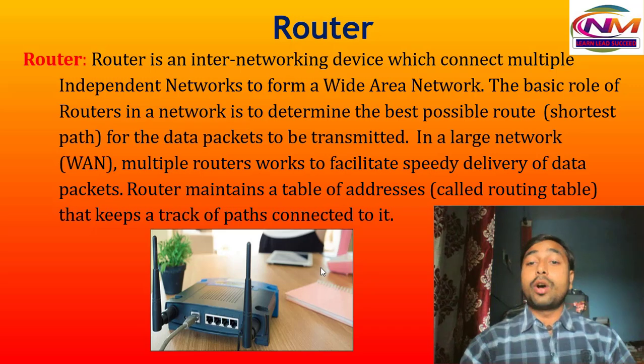A router maintains a table of addresses. When we have a number of computers, it is difficult to recognize which computer I am working on. So the router gives a specific address to each and every computer. For example, my PC's address is 192.168.1.0.